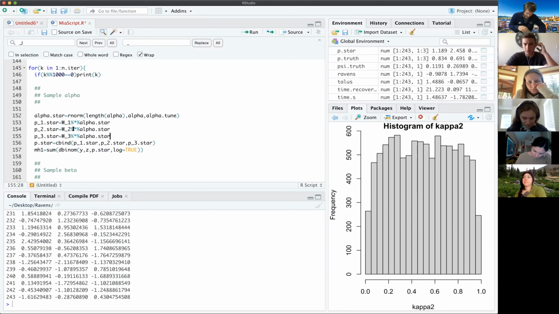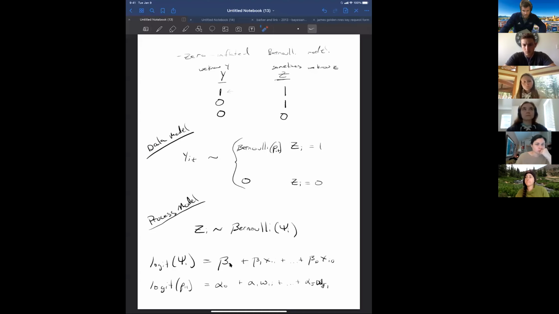We need the logit, right? Yeah, we need the logit. So we have this relationship between W and alpha, but it's not directly related to P. We have to do the inverse logit of that to get it between 0 and 1.